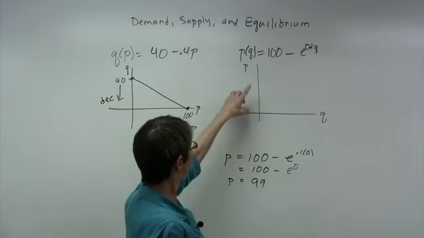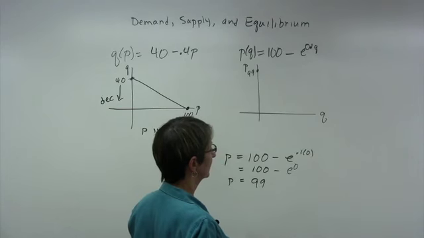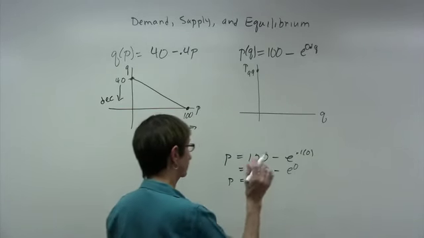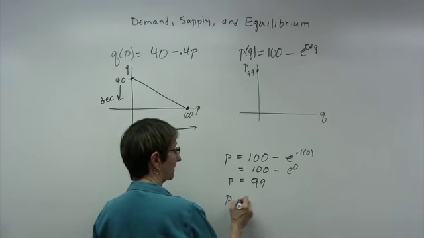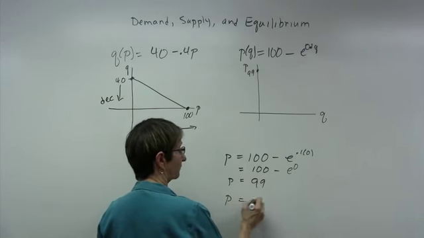So if no items are sold, the price is $99. It doesn't really make much sense, does it? Let's think about what the shape of this is going to be. If I put in Q equal to 45, I picked 45 for a very particular reason.